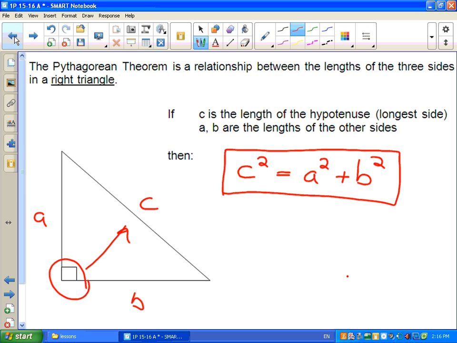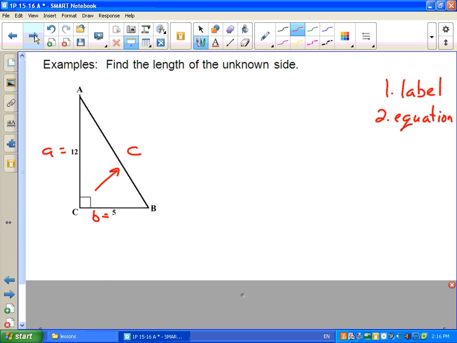The whole thing, yeah. So, C squared equals A squared plus B squared. Okay? That is our Pythagorean theorem.